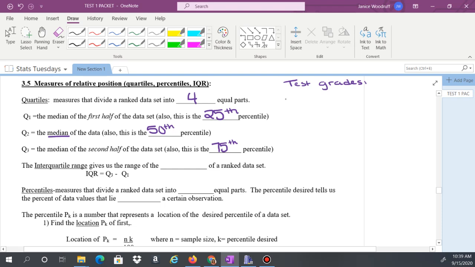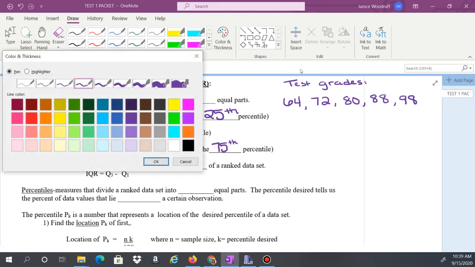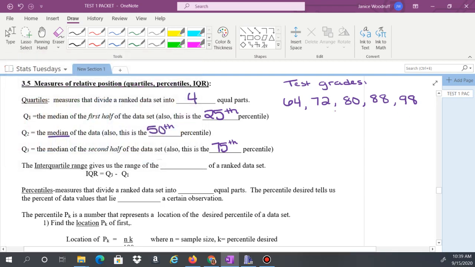So let's say you've got a 64, 72, 80, 88, and 98. It's already in order.